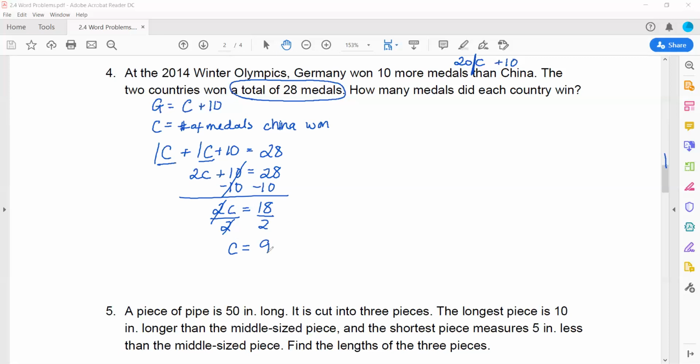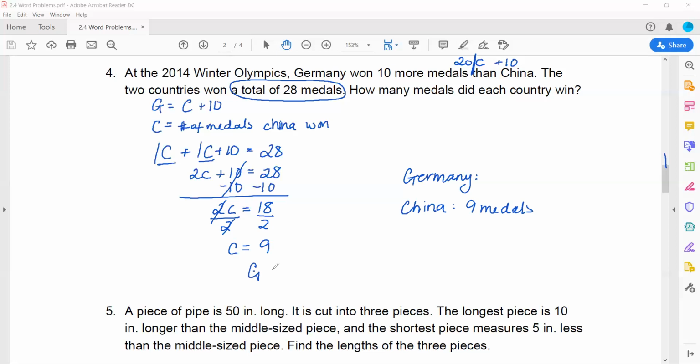All right, so again, they want to know how many medals each country won. So we want to write down our answers for Germany and China. So China, we know, won 9 medals. Medals is our units. Germany won 10 more.